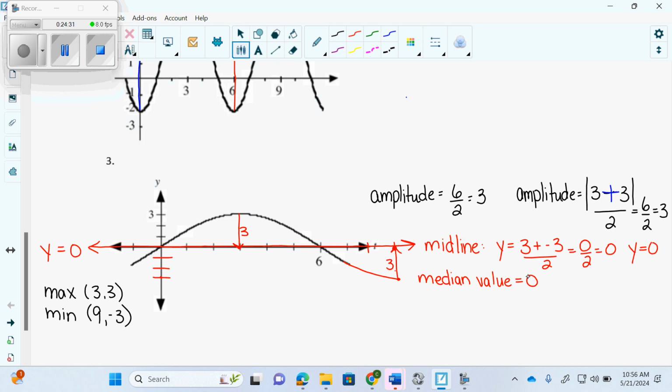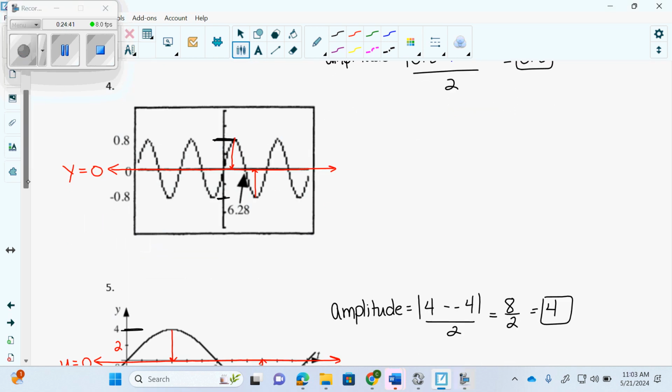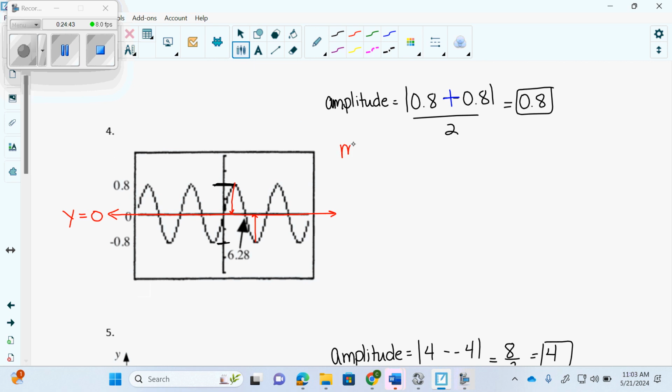We agree? Okay, what do you think I'm going to make you do? Do it for all of them. Go. We have our midline at y equals 0, and our median value at 0.